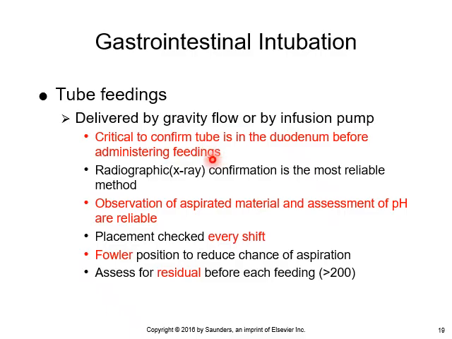Before we administer the feedings, we would do a radiographic x-ray to confirm; this is the most reliable method. However, there are other ways we can check if the tube is in place. If the facility supports it, we can do pH checking.